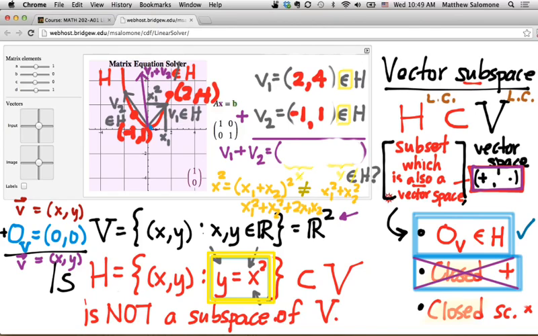Now let's add them together. 2 plus negative 1, and 4 plus 1: (1, 5). How do I know that (1, 5) does not belong to H?